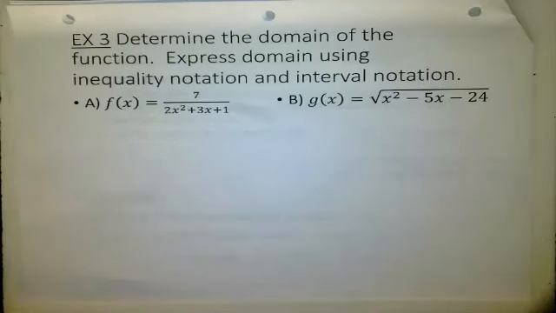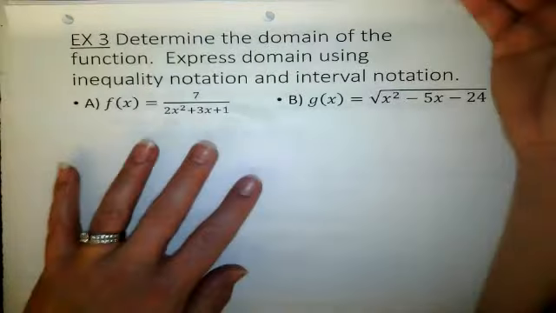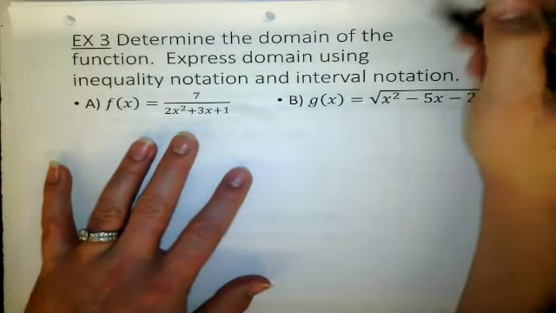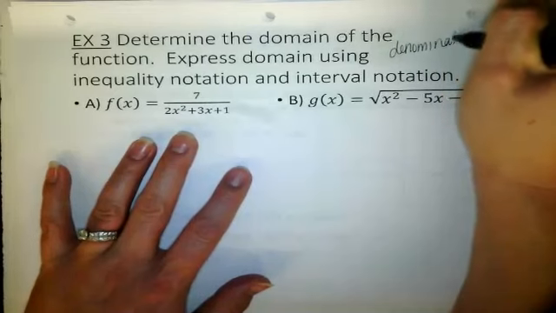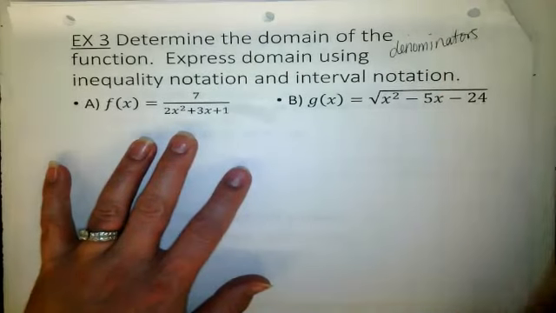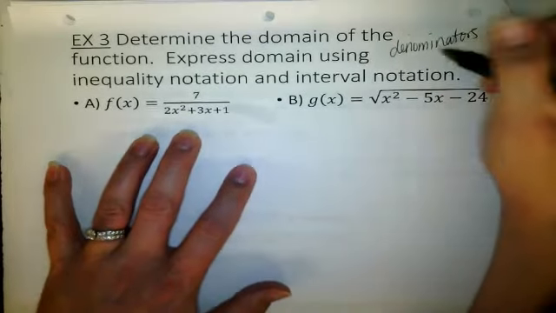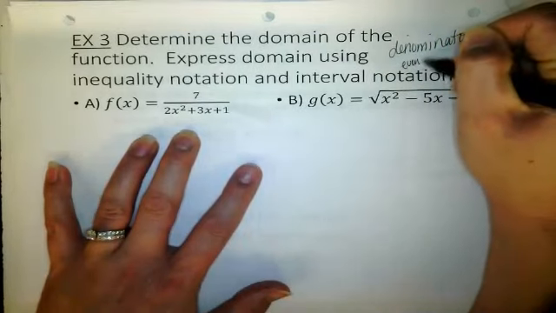Okay. So there are 2 things right now that you have to look out for when you're finding domain. Denominators cause restrictions in domain, and also even roots.